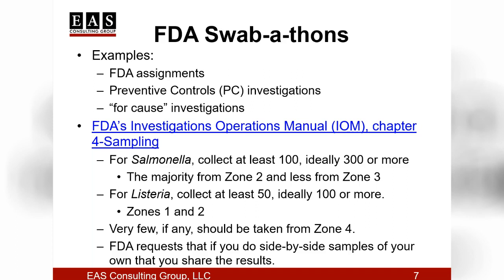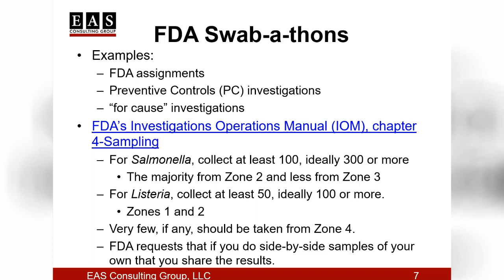For example, FDA assignments. In the past couple of years, I've seen the following two. One was for dietary supplements, just on the edge of food processing, and that was for salmonella.